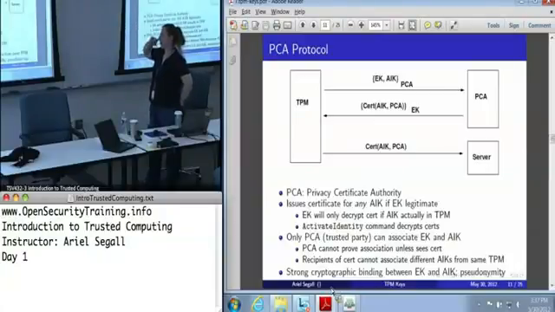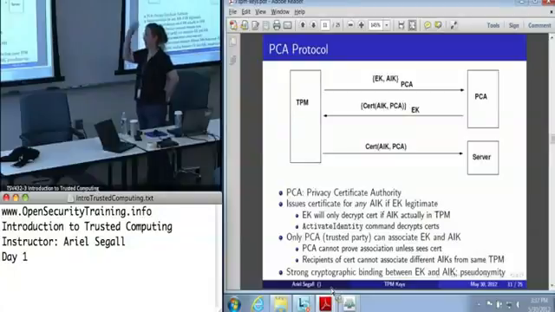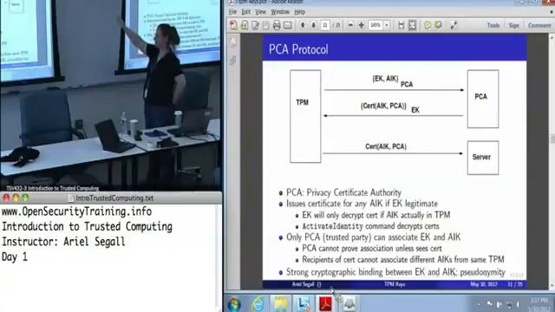No. Okay, so the AIK, the private half never leaves the TPM, except encrypted. When we talk about AIK here, that's the public half. What I'm saying is there's that phrase here, cert AIK signed by the PCA, that is encrypted to the EK.